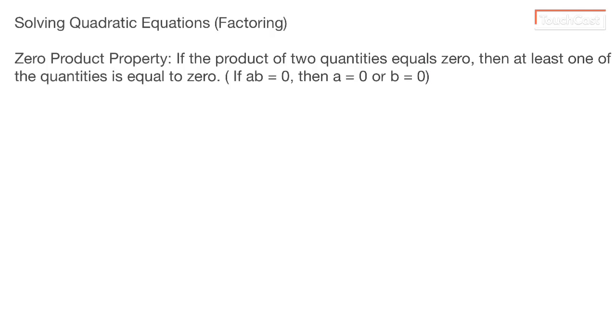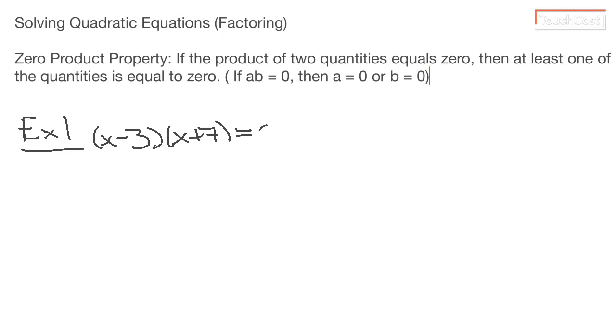So that now can get us into our first example, where we're going to utilize the zero product property to solve the expression x minus 3 times x plus 7 equals 0.